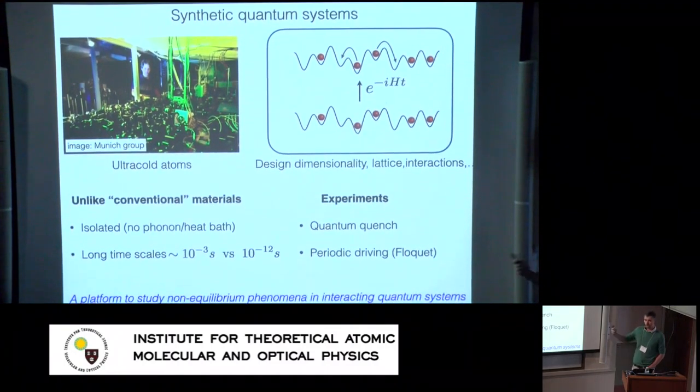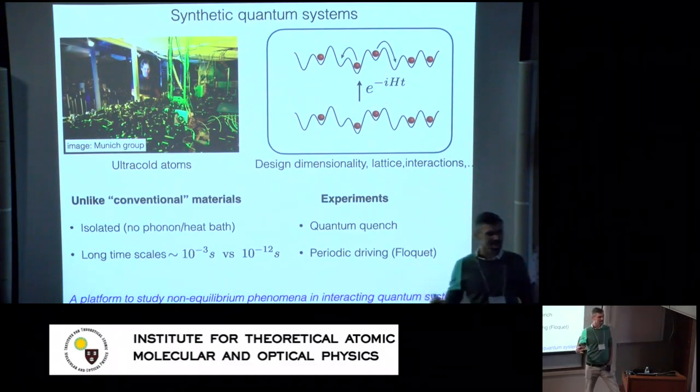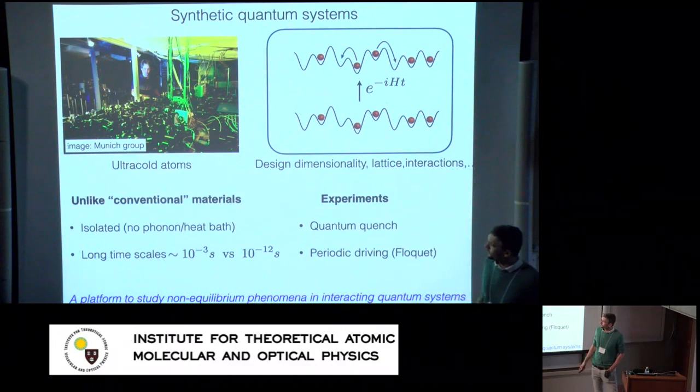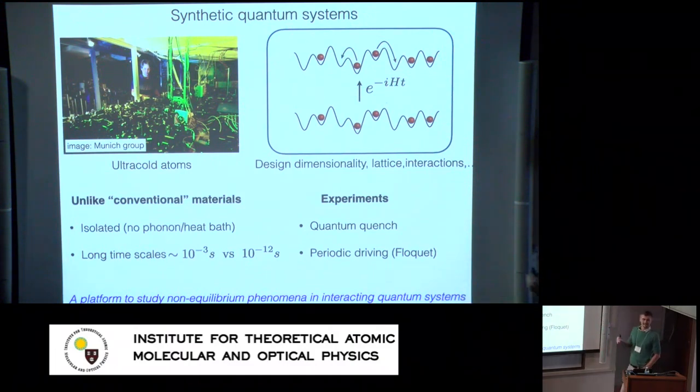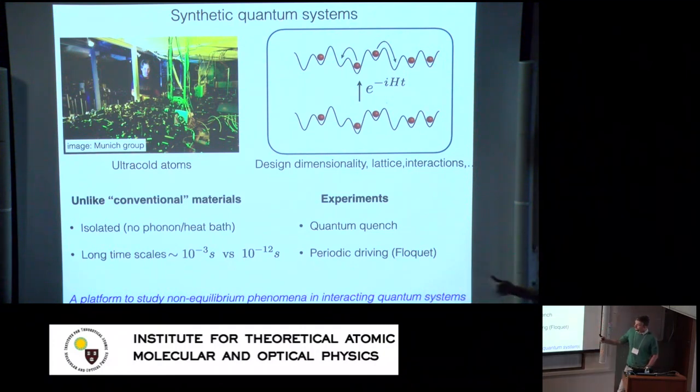So of course, there has been a lot of remarkable progress in quantum simulators, synthetic systems such as ultra-cold atoms, which are extremely tunable and very much unlike conventional materials in that there are no phonons, no heat bath, and also the systems have long time scales.